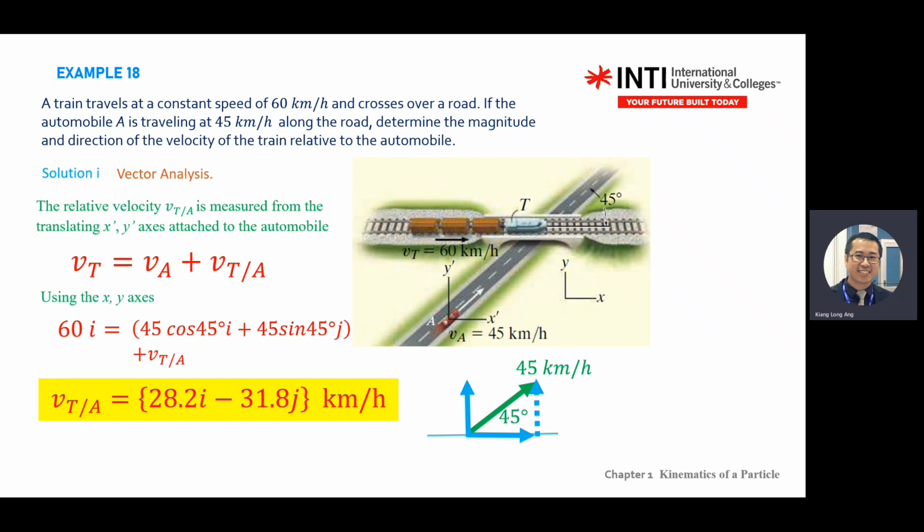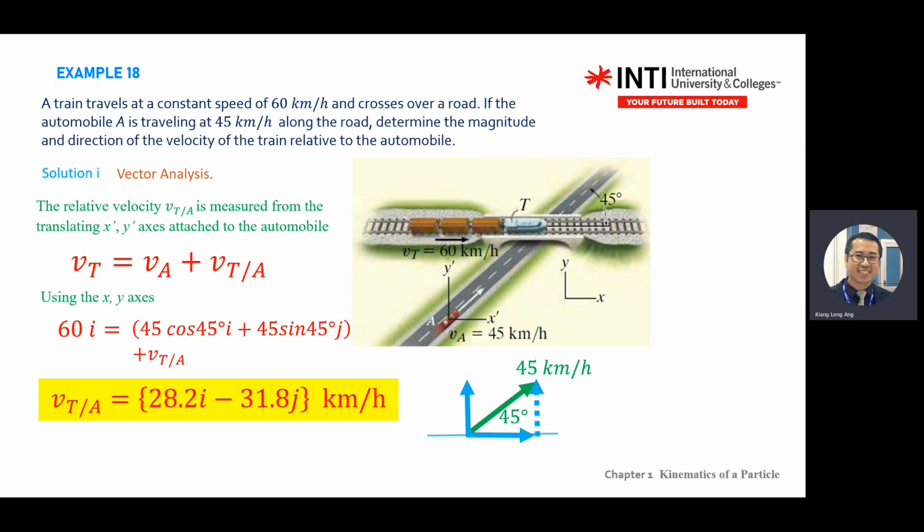This is solution 1, where you use vector analysis, use ijk, and split into x and y components. You should be able to find the resultant vector for train relative to A: square these, then take the square root.